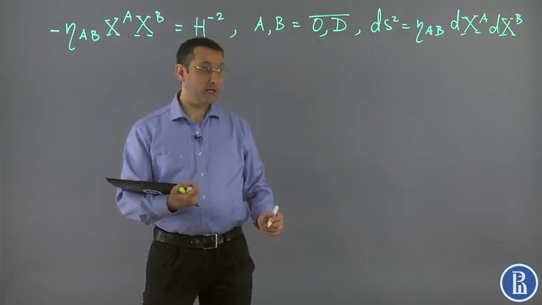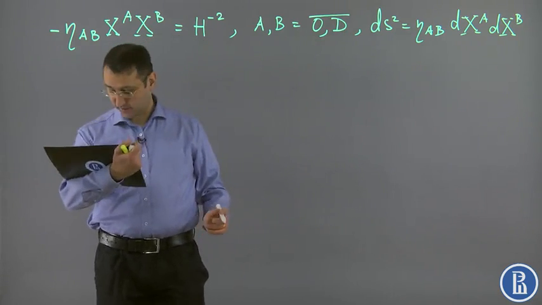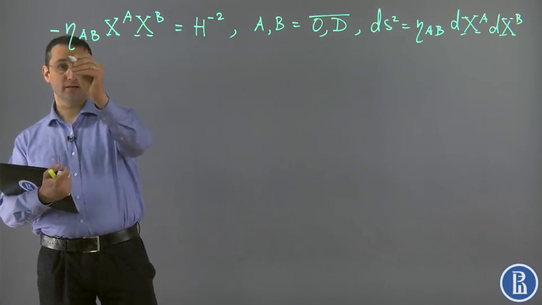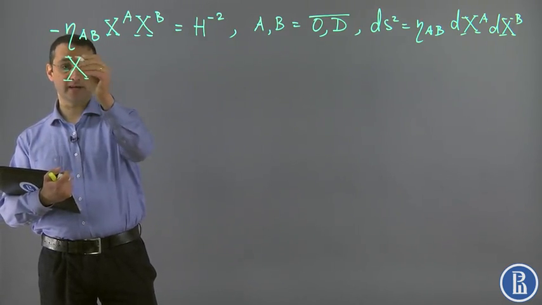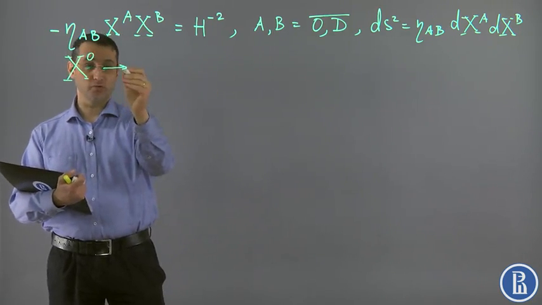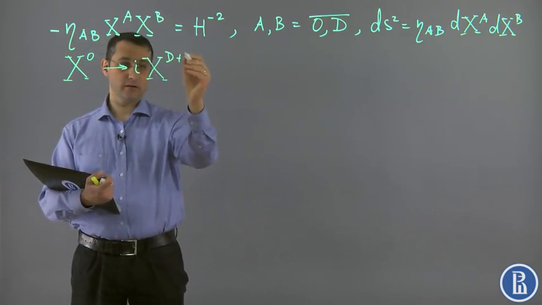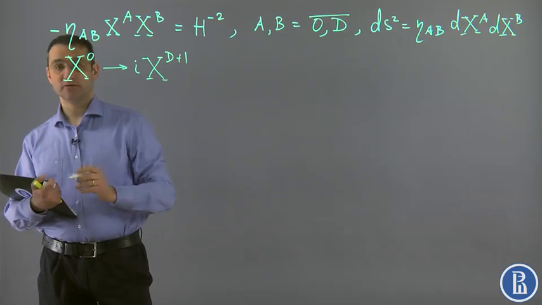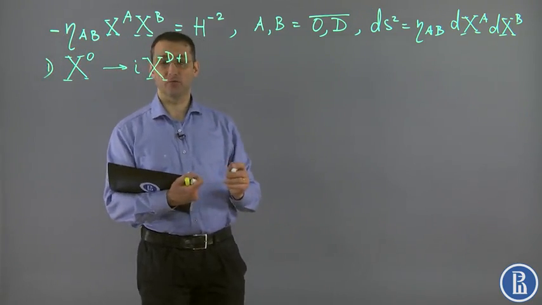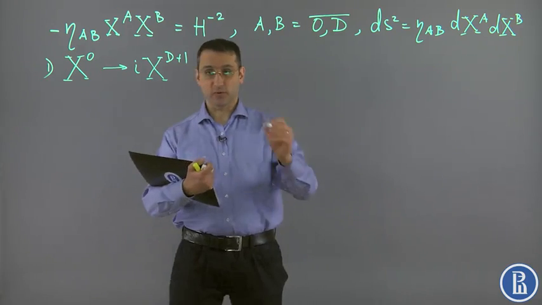And we made the observation that it is a space of constant positive curvature for two reasons: under the change of x0 to I x d plus 1, it is mapped to a d-dimensional sphere embedded into d plus 1 dimensional Euclidean space. That's the first way of observing.